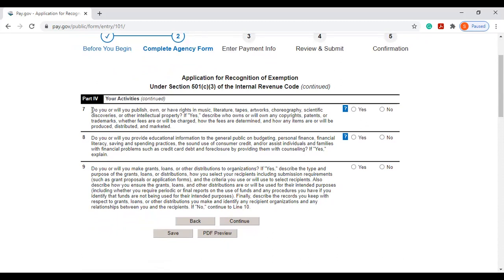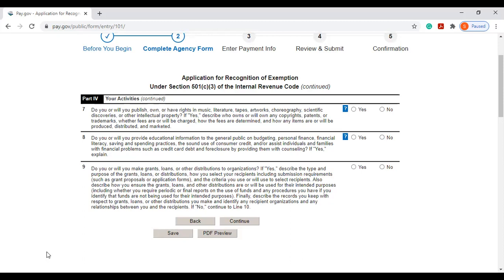Let me read that again. Do you or will you, not you, your organization, publish, own, or have rights in music, literature, tapes, artworks, choreography, scientific discoveries, or other intellectual property?